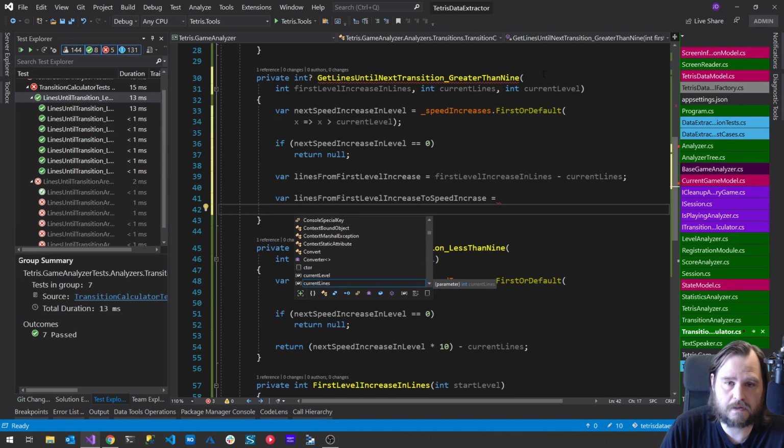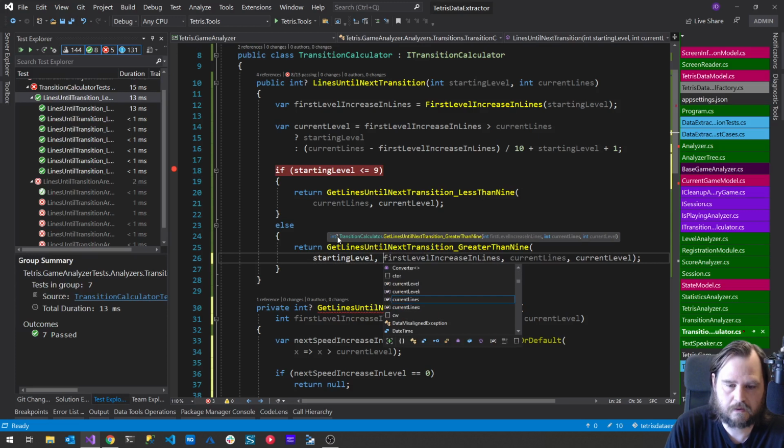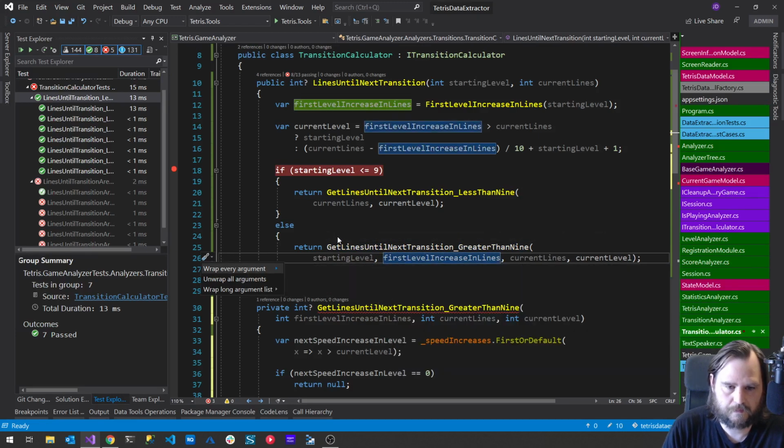We need the starting level. Let's add the starting level in here.